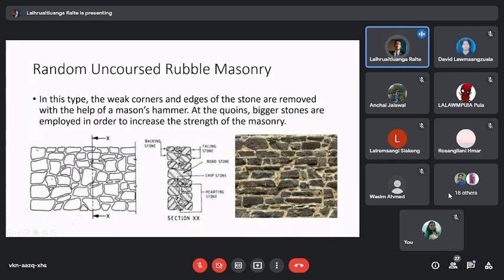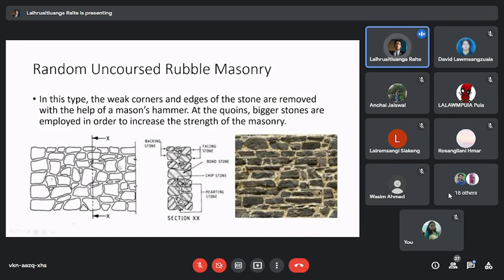On the edge, you have a regularly coursed stone, which is like the backbone of your masonry. Bigger stones are employed in order to increase the strength of the masonry, because as I had mentioned in brick masonry also, the corner is where there would be movement, crack, and crumble at the time of physical shock, for example, an earthquake.